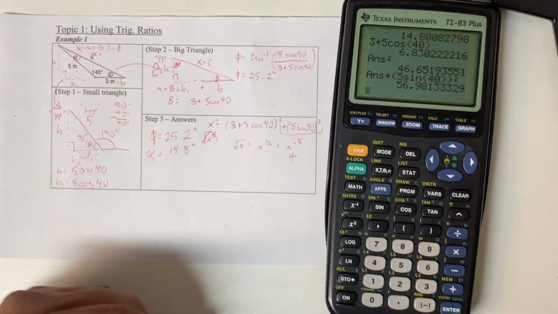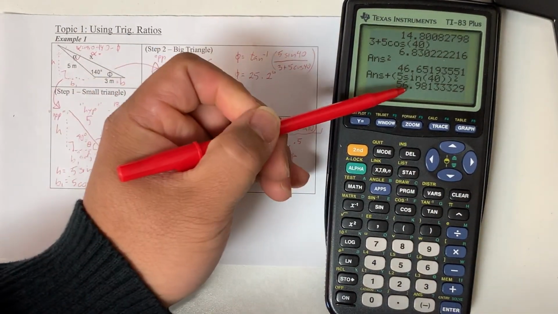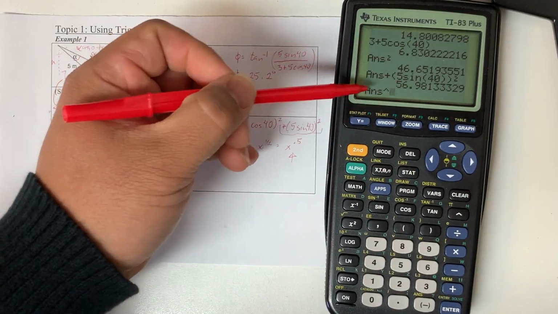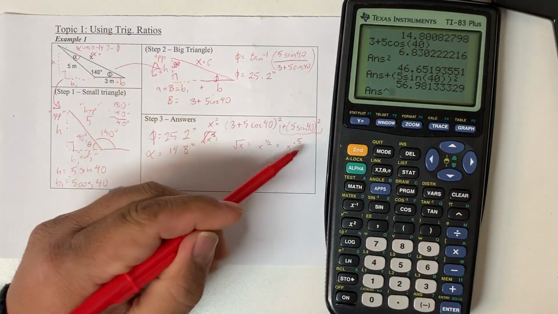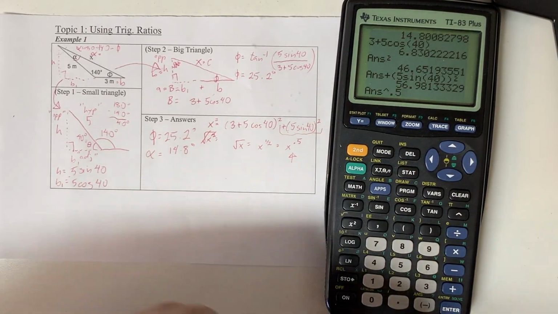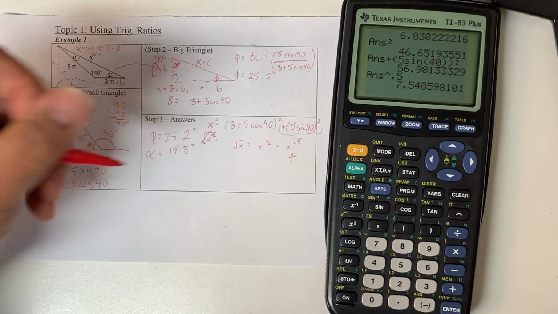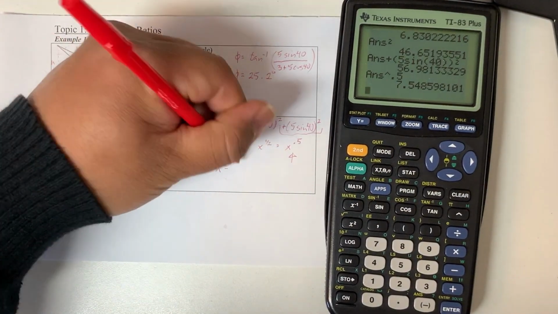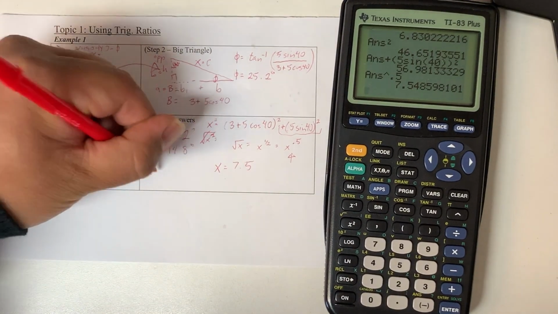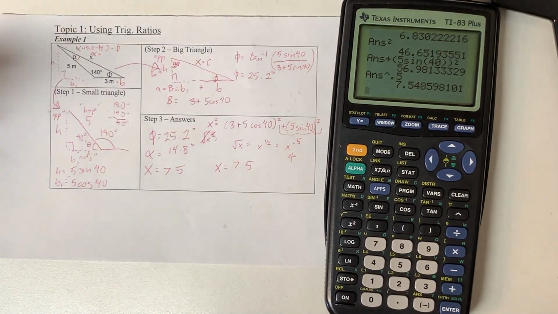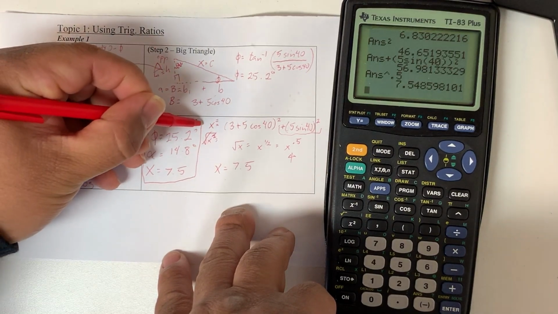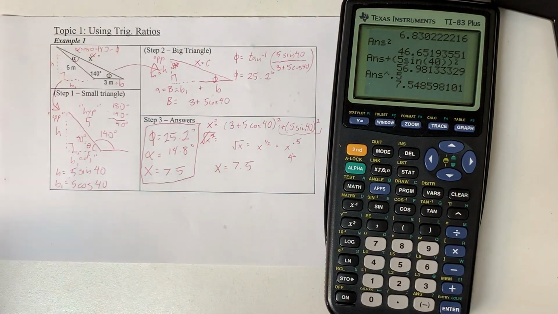So I'll take this last answer, press the exponent button, which automatically takes the last answer, and we're going to put it to an exponent, and we're going to do it to a 0.5, which is the same thing as 1/2, which is the same thing as square root. And x ends up being 7.5. And that's the last part of the answer. And these are your answers for the missing measurements of that original triangle.